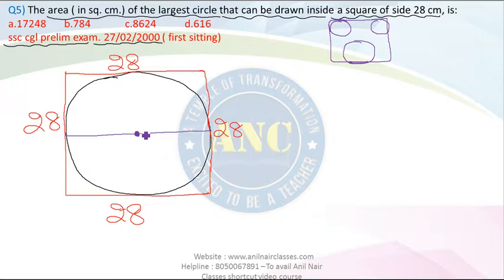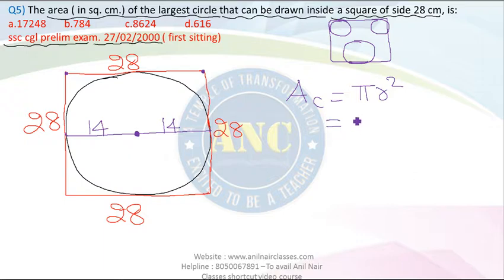That means, can I say that this entire value which is in purple color is the diameter of the circle, and the diameter is nothing but equal to the side of a square. Entire diameter is 28. That means this radius is 14, this radius is also 14. Now they are asking you to find the area of the circle. Area is pi r square.